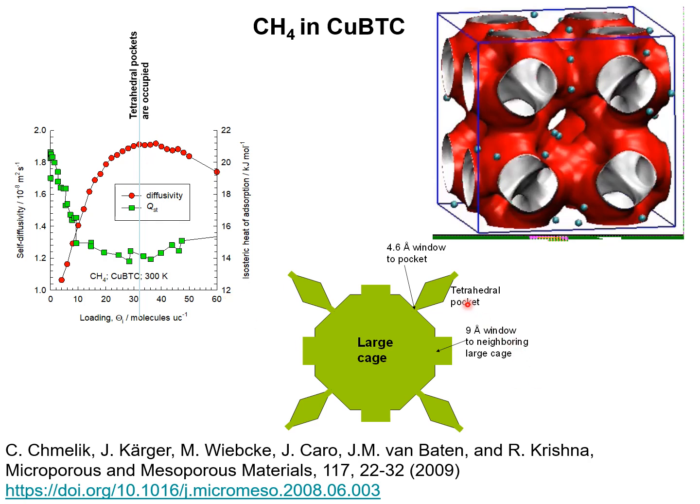Now, the tetrahedral pockets are preferred locations for methane, and since there are 8 pockets per unit cell and the maximum loading per pocket is 4 methane molecules, at a total loading of 32, all the preferred locations within the tetrahedral pockets are fully occupied.